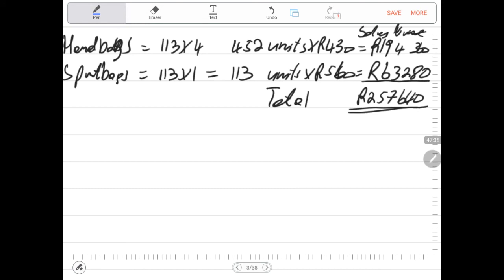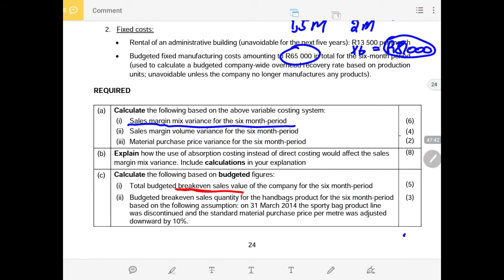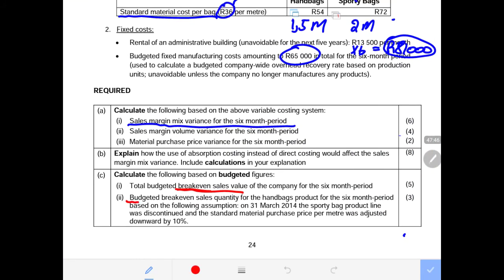Now we go to the second part of the last requirement. We are told fixed costs have remained the same, but we are to calculate the break-even sales quantity, which is units, for the handbags only for the 6-month period.